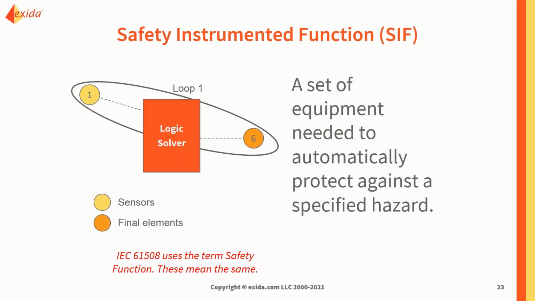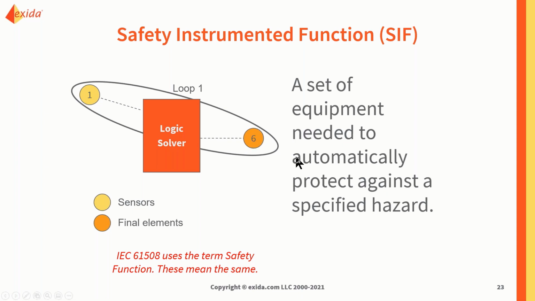Before I talk about the OPC part of functional safety, I need to give you a little more information about functional safety. Functional safety is about the SIS and SIF. For an SIF, a safety instrumented function, there is a sensor and a logic solver to relay the information from the sensor to bring about a particular action on the final elements.